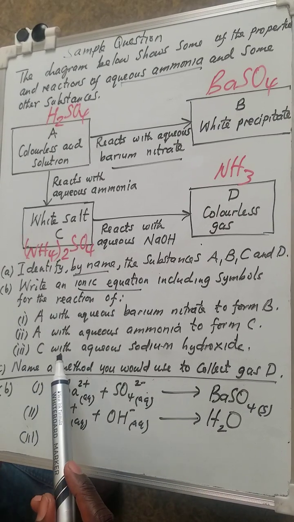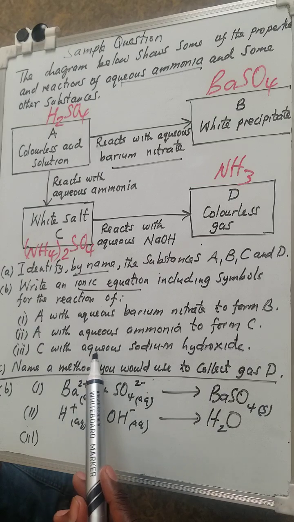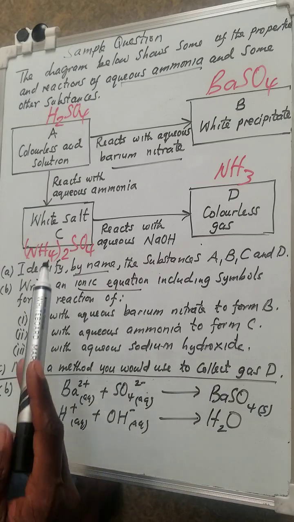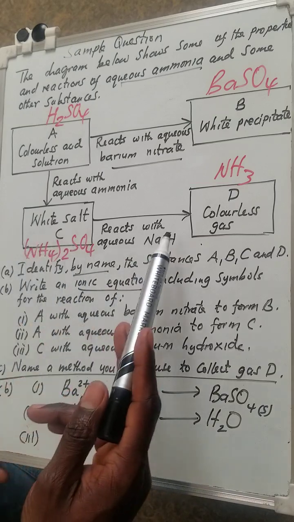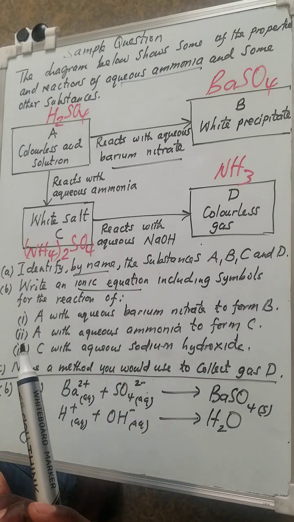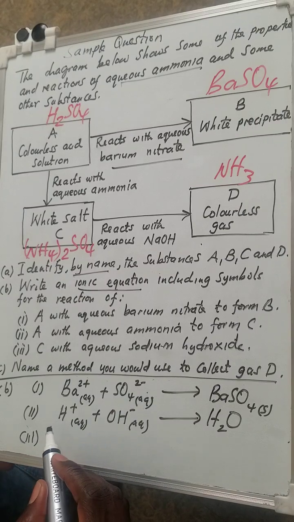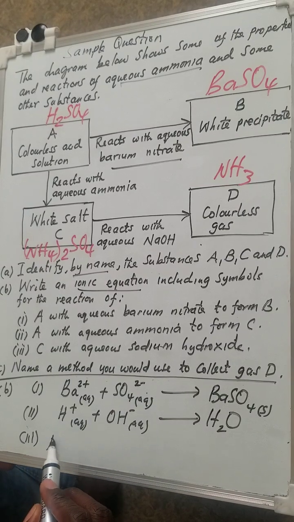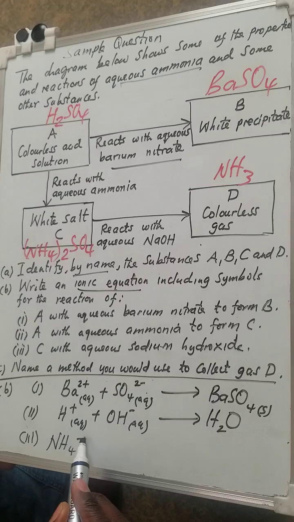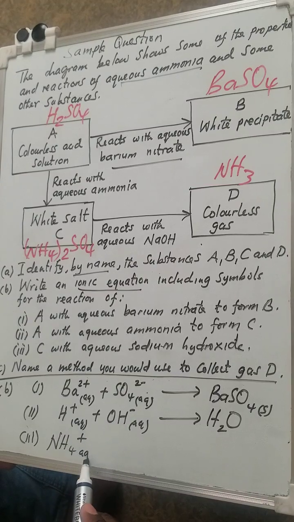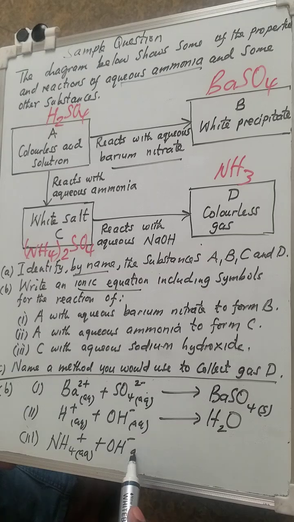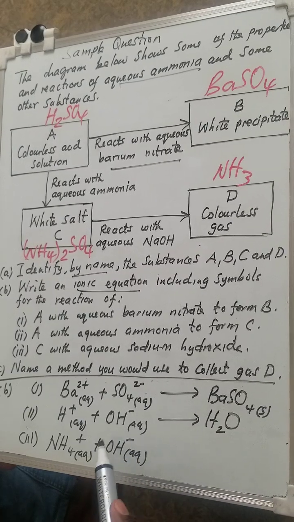C says, when C reacts with aqueous sodium hydroxide. Of course, remember, when any ammonium compound reacts with an alkali, a salt, ammonia and water are produced. So the overall reaction is that you have ammonium ions in aqueous reacting with hydroxide ions in aqueous coming from the base.